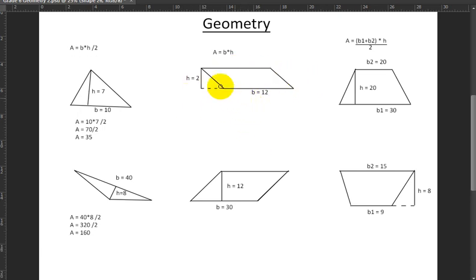Okay? The reason that you see this is that in order to find the height from one of the points of the parallelogram, we need to make a perpendicular line to the other side. Basically what we want, the height basically, is the distance from one side to the other. And it doesn't really matter which point I start from. I could start from any of these points.